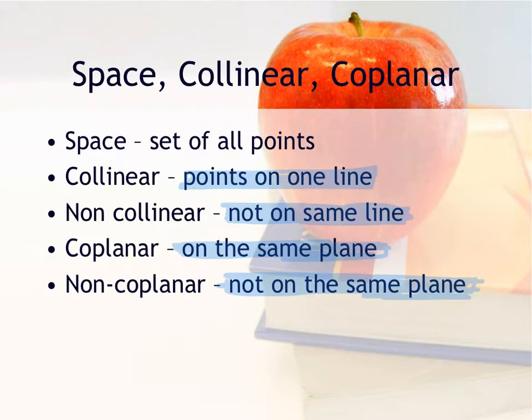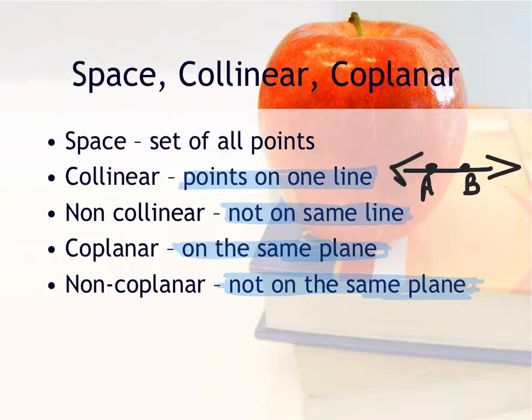Next thing we're going to talk about is space, collinear, and coplanar. Space is just the set of all points. When I say that points are collinear, I mean that they sit all on one line. So for example, if I wanted to draw a collinear set of points, here is a line, and if I put 2 points on here, I could say that points A and B are collinear.